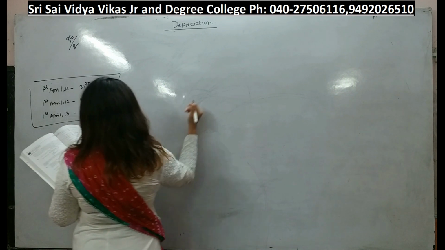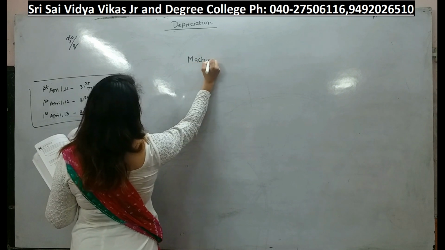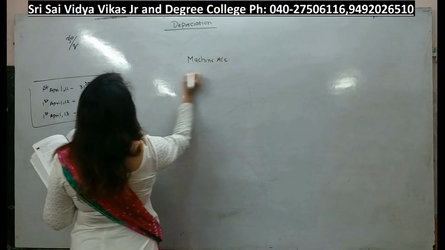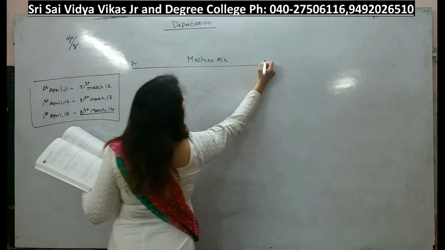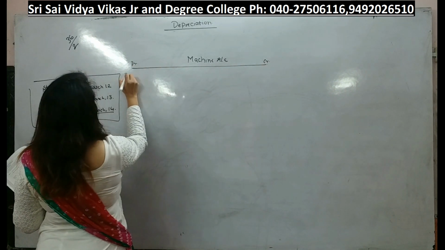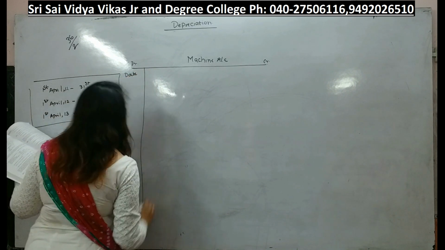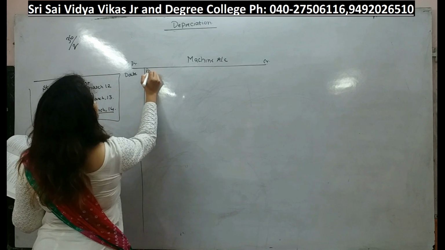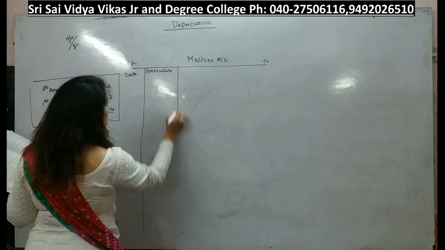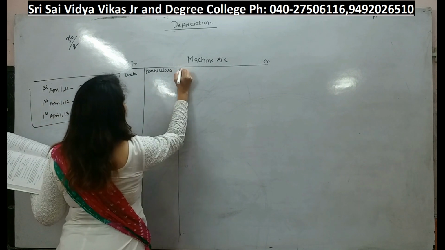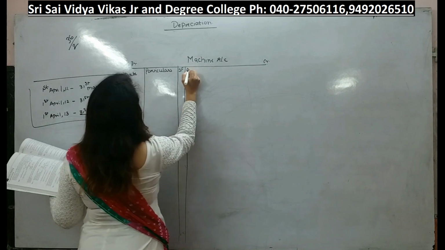Pay attention students. Here I am writing machine account. Machine is an asset, so it is a real account. Which principle are we going to follow? Debit what comes in, credit what goes out. So first column date, particulars, JF, that is the journal folio, because it is a ledger folio, and amount.